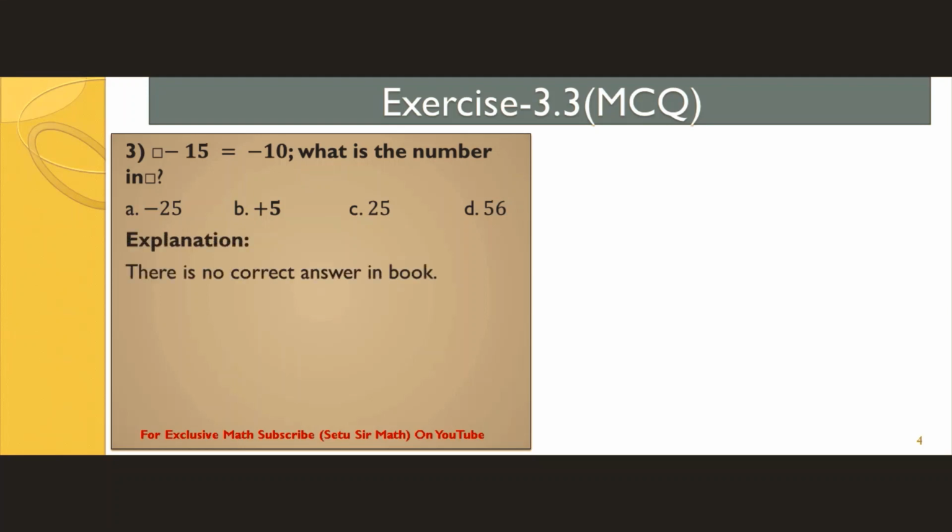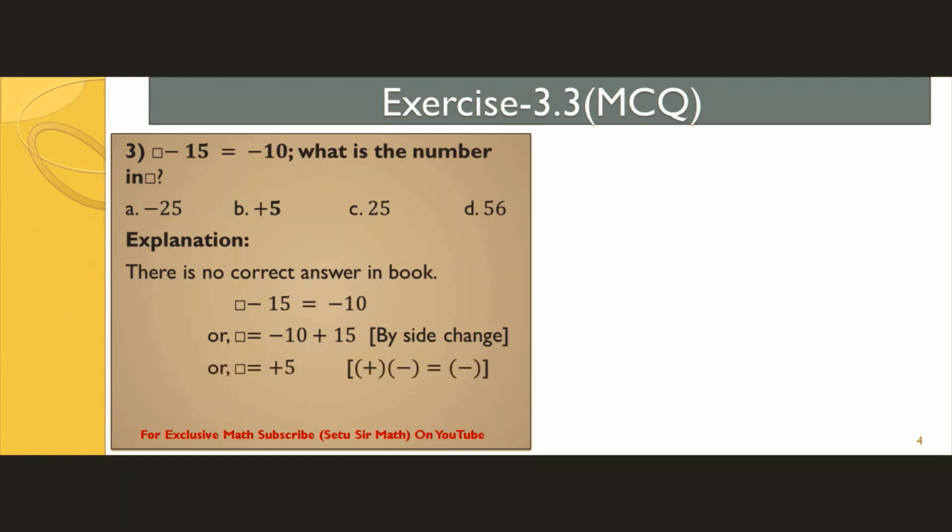Explanation: there is no correct answer in the book. So box minus 15 equals to minus 10. By the side change, we have to take this box on one side and change the side of minus 15, and we know if we change the side of any number we have to change the sign also.